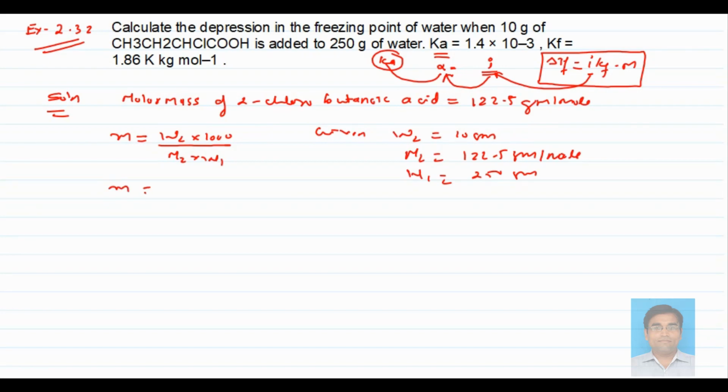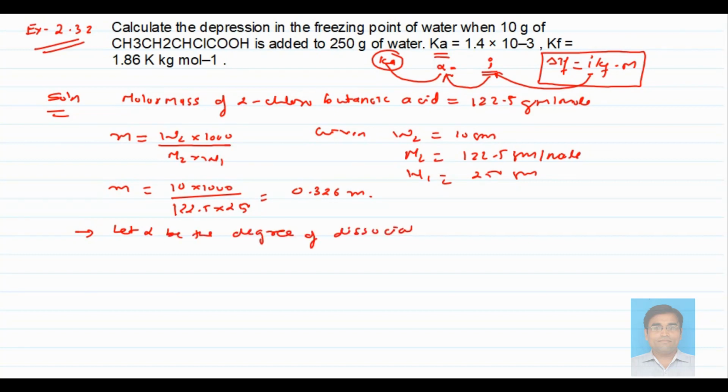So m equals 10 into 1000 divided by 122.5 into 250. So the answer which we get is 0.326 molal. Now we know that alpha is the degree of dissociation and C is the initial concentration.